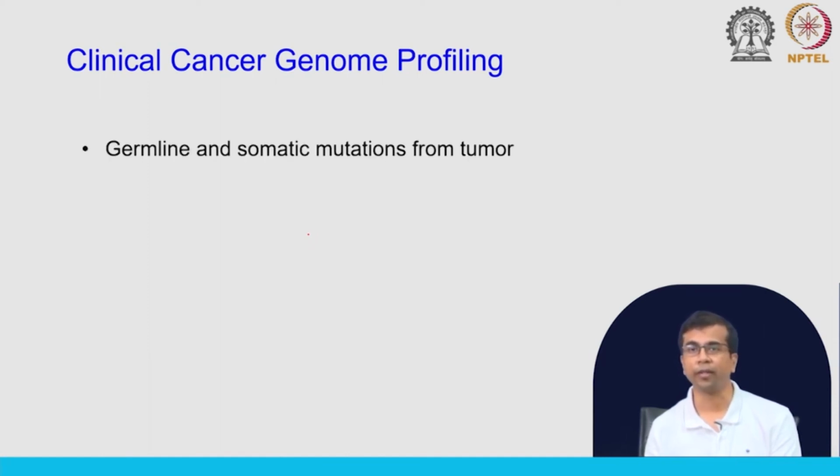As I have discussed, in tumors you have a lot of these mutations accumulated. There is a lot of genetic variants present. What we want to do in cancer genome profiling is study these variants, what are these variants that are accumulated inside tumor cells, because some of these variants might be important for some of the phenotypes of cancer, or it might help in immune evasion, or in drug resistance or therapy resistance.